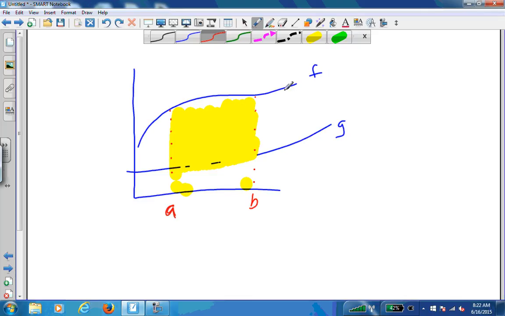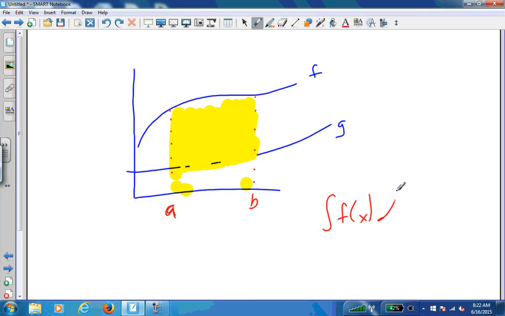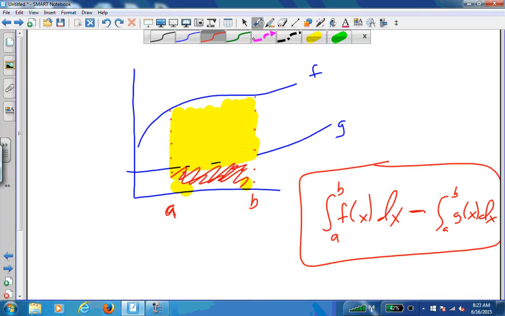So the way we would get the area under F, which was the yellow region, is we would integrate F from A to B. The way we would get that green area is the area underneath G, so we would integrate from A to B g of x. So we would take the larger one minus the part we don't want, and that would give us the area in between those curves.